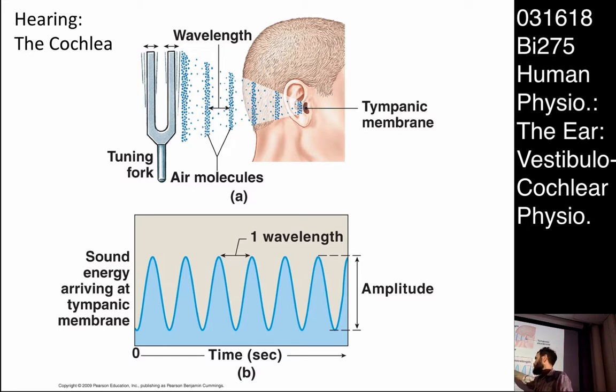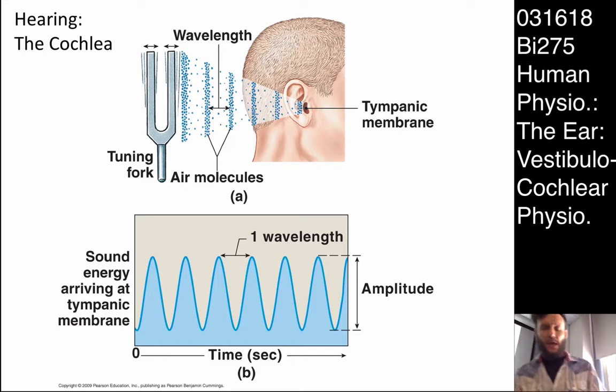It's the difference between peak to peak or trough to trough. Depending upon what we perceive as pitch, a high-pitched sound versus a low-pitched sound, those correspond to the length of a wavelength. So high-pitched sounds are short wavelength, low-pitched sounds are long wavelength.